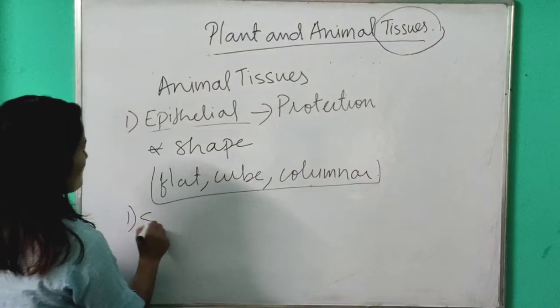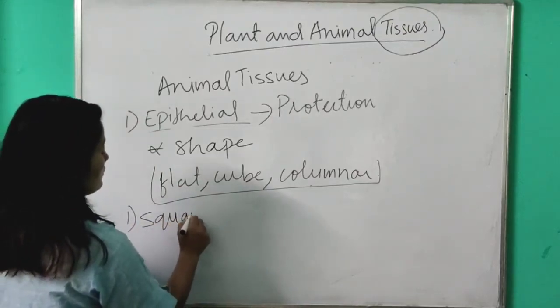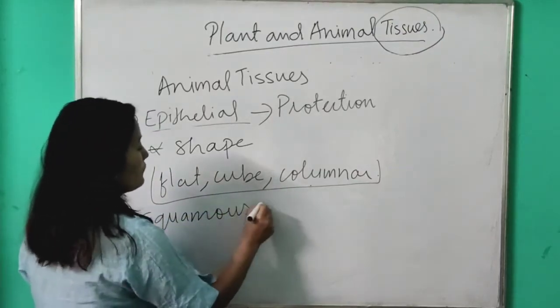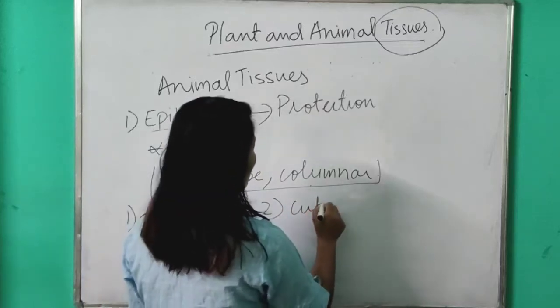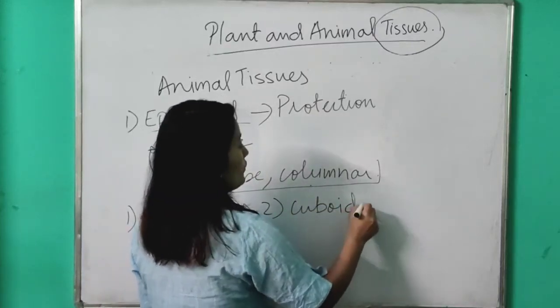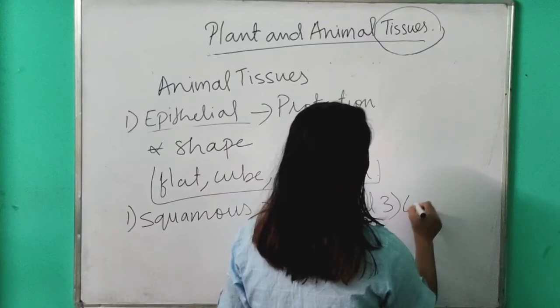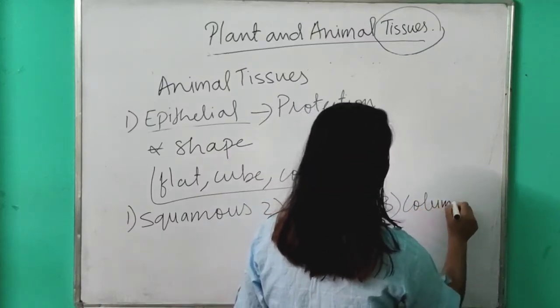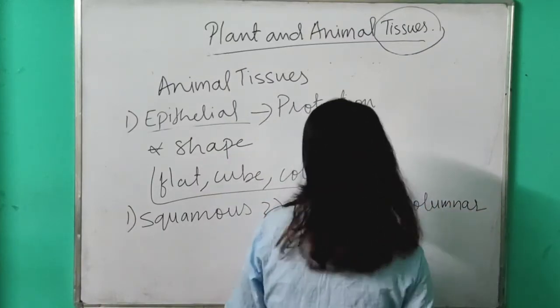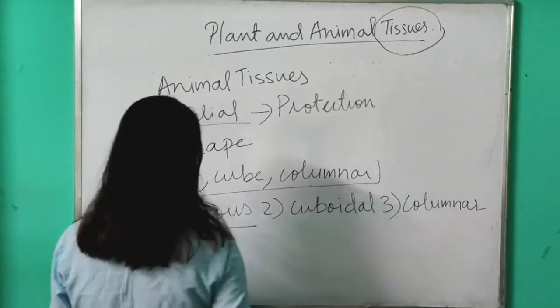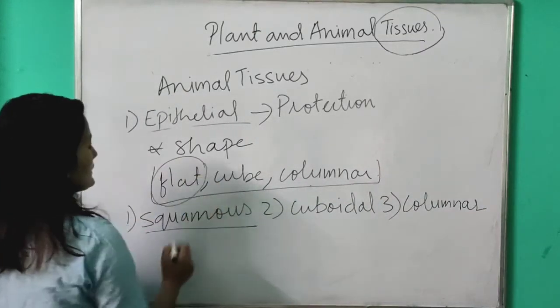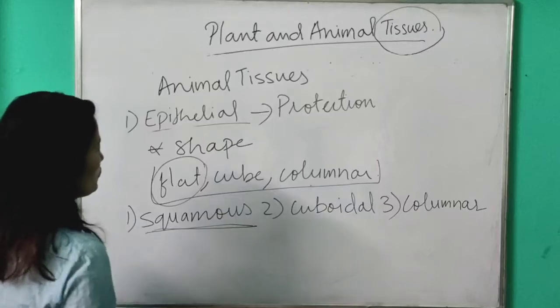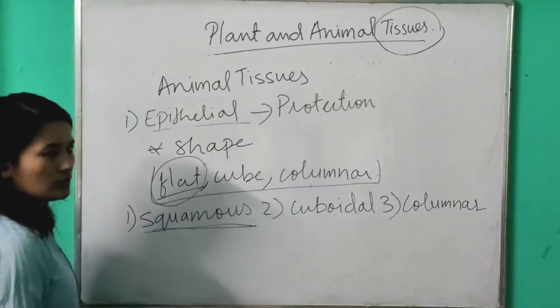So what are the types? Squamous, then you have cuboidal, then you have columnar, okay.